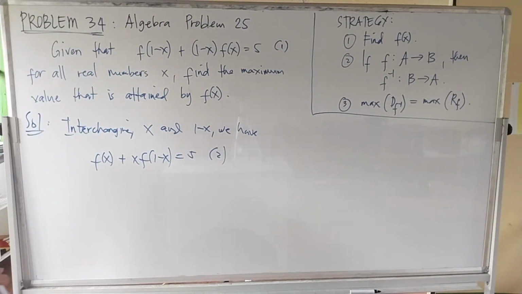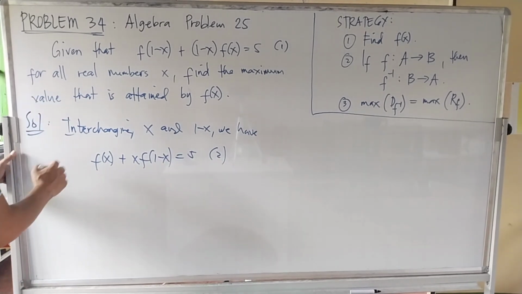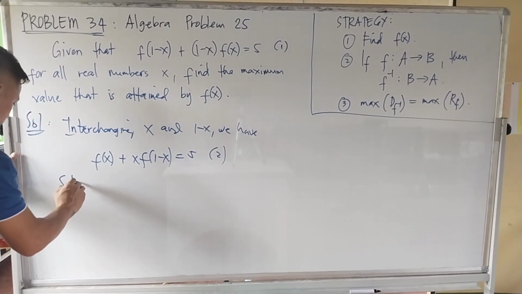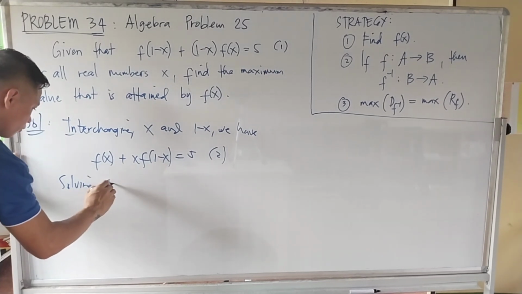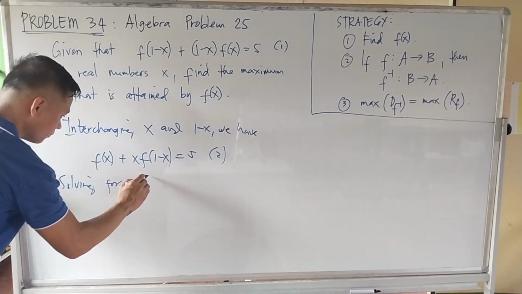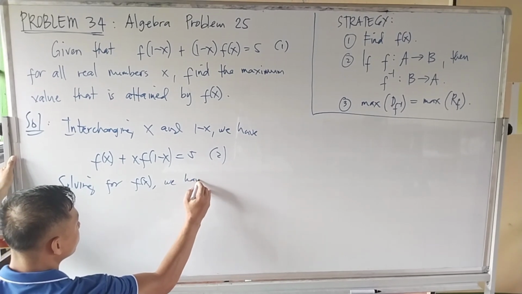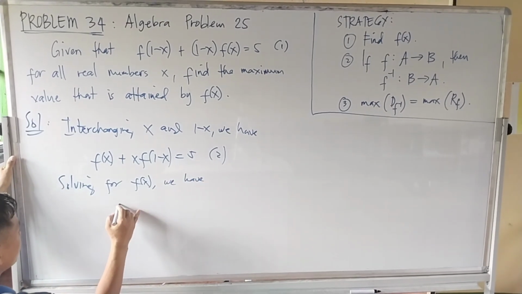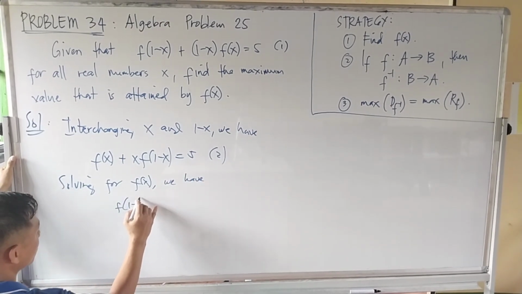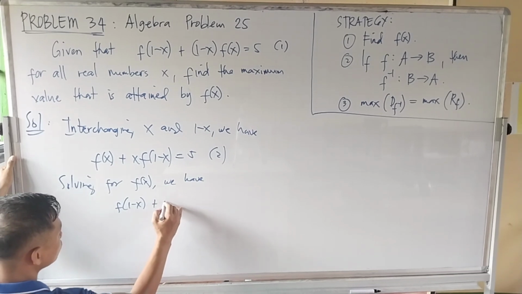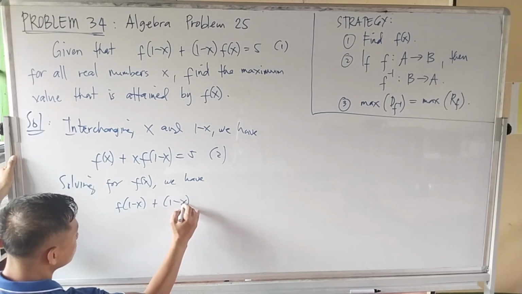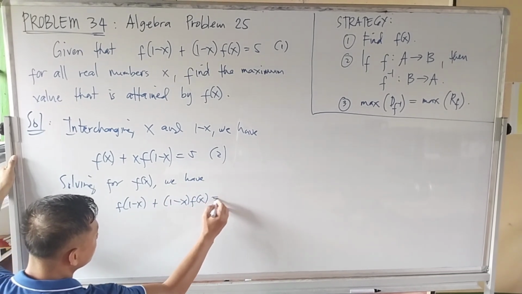Now we're going to solve these recursive functions simultaneously for f of x. So we have f of 1 minus x plus (1 minus x) times f of x is equal to 5.